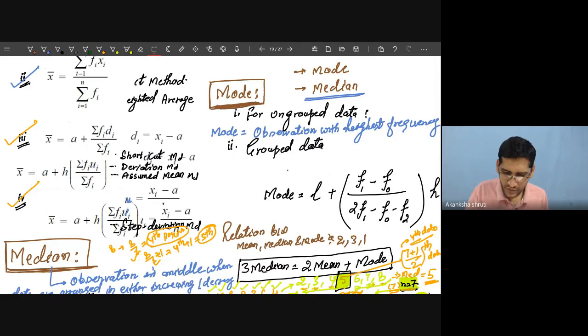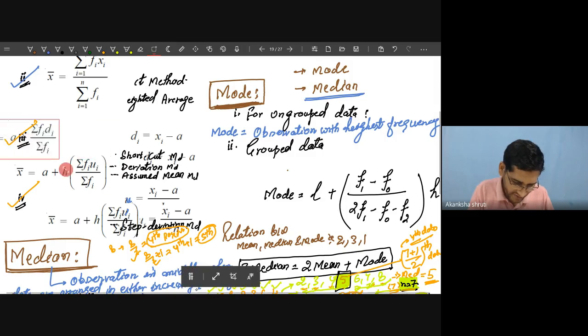So ui is calculated, and from that ui, the required mean is calculated by the formula x bar is equal to a plus h times summation of fi ui divided by summation of fi, that we have also learned. So these are the formulas for calculation of mean.